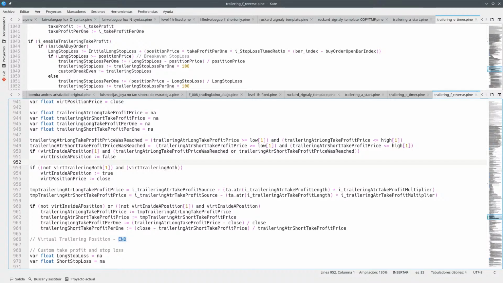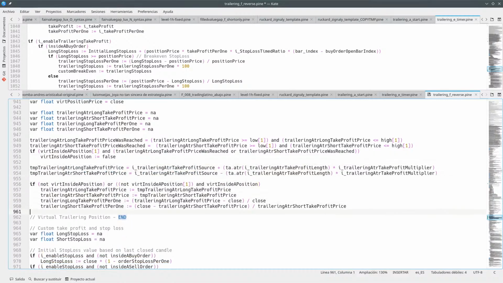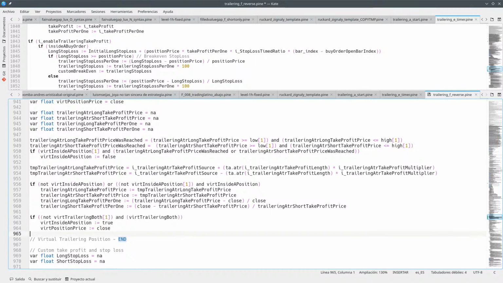So unless we have something, so if you were not inside the position, or, yeah, okay, so if you set this to false, I think we want this to be down here, now that I think about it.